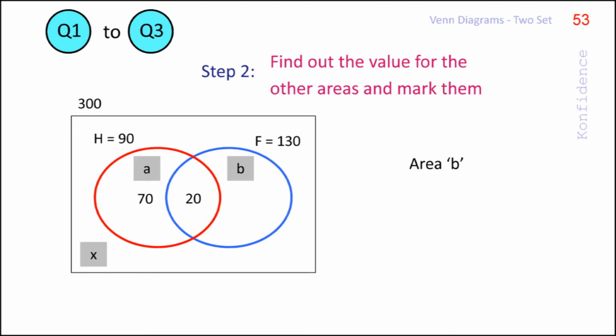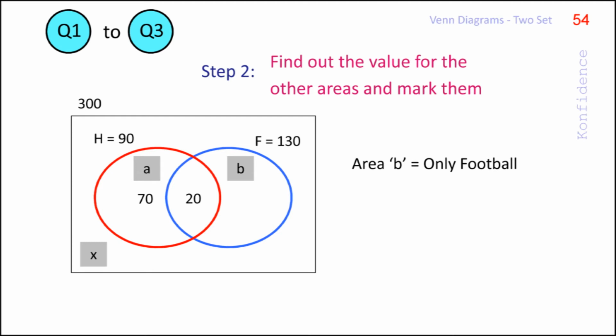Similarly, B is the set of people who play only football but not hockey. Here also, 20 members of football playing students are not part of that group. We know that the total number of students who play football is 130.